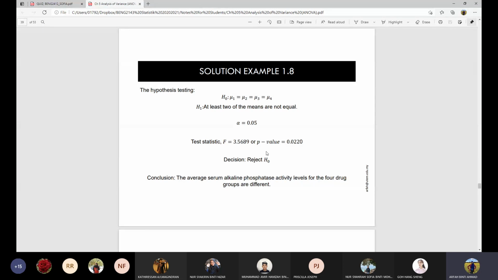So ini adalah standard way in how you are going to run and to make decision, standard way in making decision whether to reject or accept the null hypothesis.